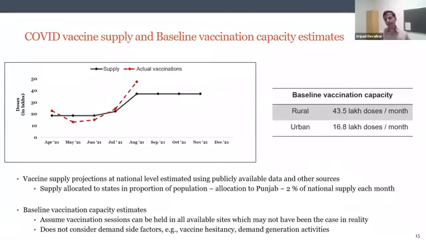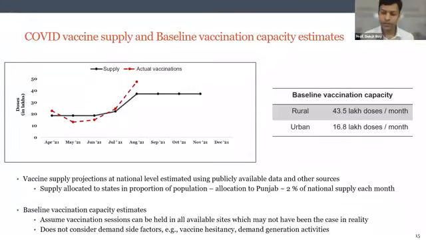Now, in rural areas, this is a good approximation because private healthcare facilities are sparse in rural areas, especially the kind of facilities that are required for the delivery of COVID vaccines. Urban areas, of course, there are private hospitals that are doing vaccinations, and there is enough capacity, but just lack of data prevented us from being able to capture that effectively now.